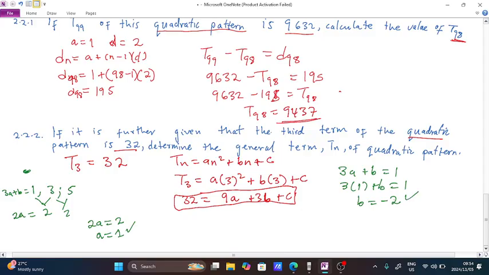But now we know that a plus b plus c equals the first term, but now that is unknown. We don't have the first term of the quadratic, because that should be the first term of the original pattern. So if there is no first term, there must be a way of getting that.